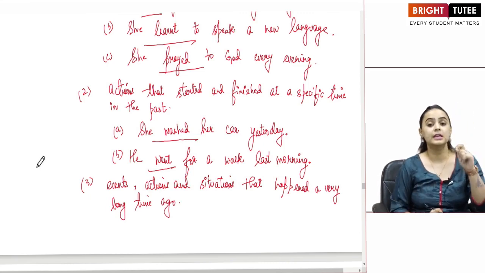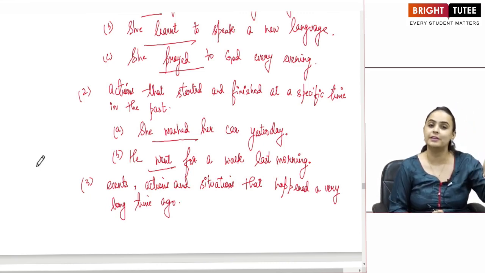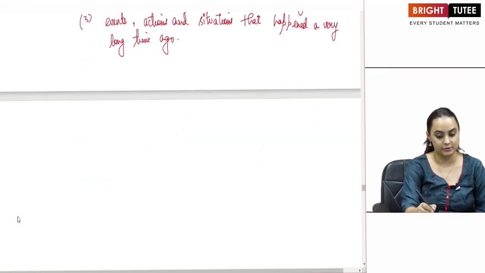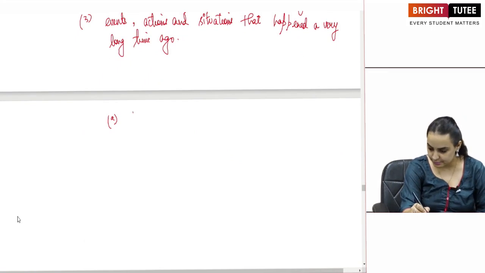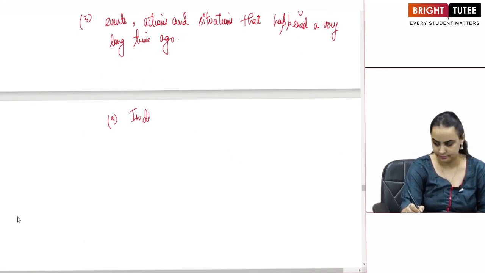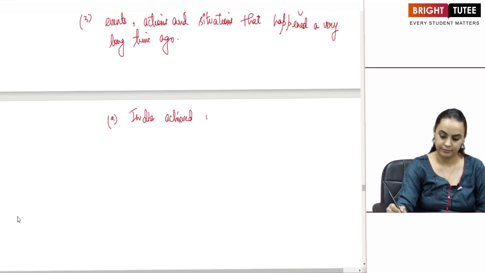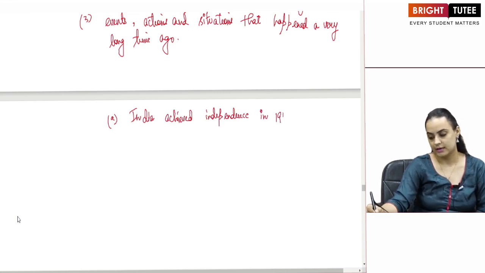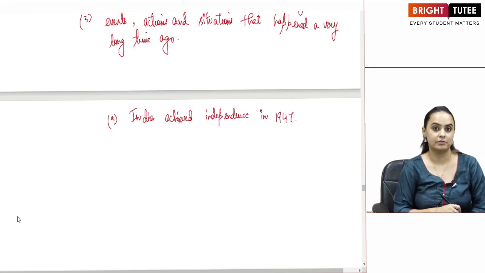So something that took place a very, very long time ago is the simple past tense for that also. For example, India achieved independence in 1947.